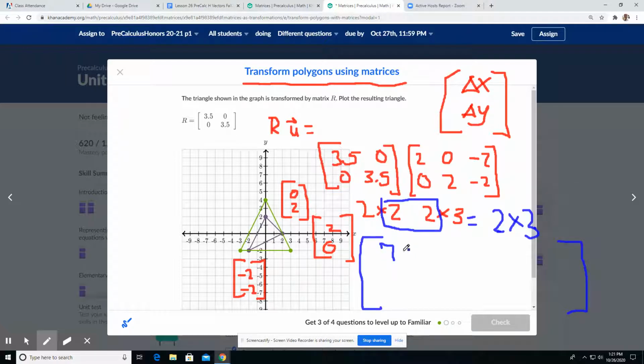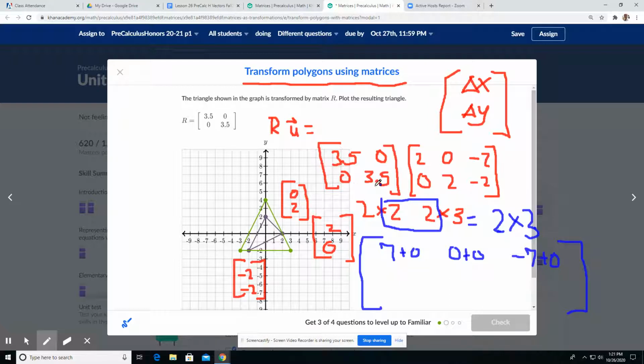And 0 times 0 plus 0. I'll just put it right here as a placeholder. 3.5 times 0 is 0. 0 times 2 is 0, so that's 0 plus 0. And 3.5 times -2 would be -7. 0 times -2 is 0.